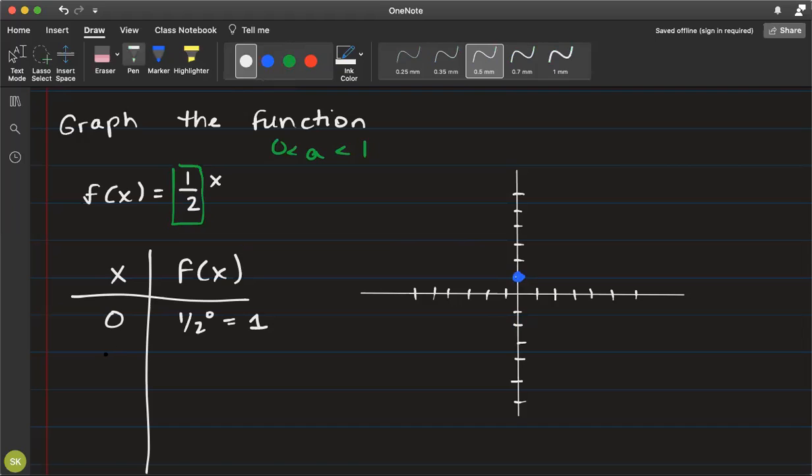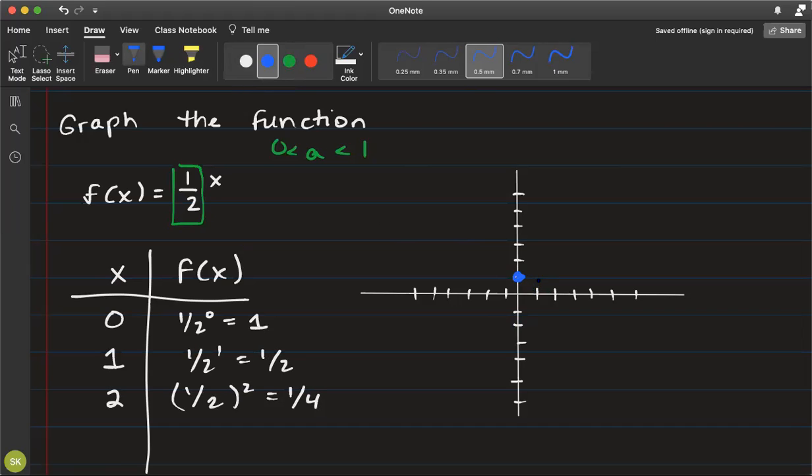But notice what happens if I plug in 1. This time I get 1/2 to the 1, which is 1/2. And if I plug in 2, I get 1/2 squared. So if I double this, I get 1/4. So as I get bigger in this direction, I'm getting closer to 0. But if I plug in negatives, like -1, so 1/2 to the negative 1.